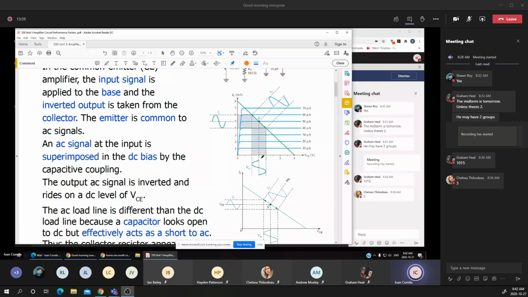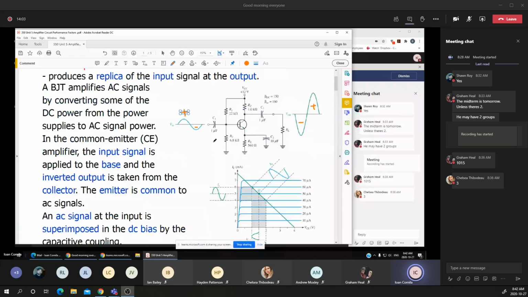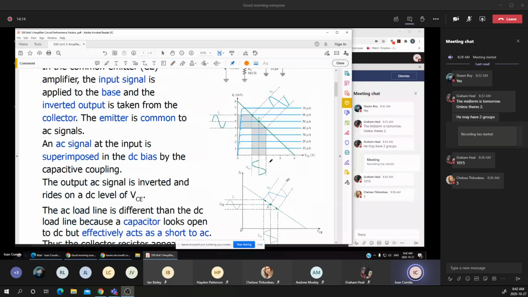But in terms of the voltage, and this is what we are connecting, we are connecting a load to the collector of the transistor. In terms of the voltage, it is exactly the opposite, which means that the phase shift on the output voltage is 180 degrees out of phase with the input voltage or the input signal.